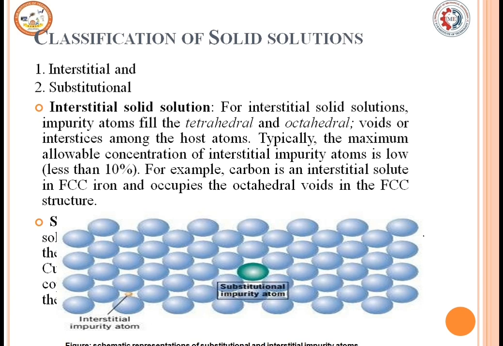So here interstitial impurity will be present. And a substitutional atom is one where, if there is a high concentration compared to the existing atoms, a bigger size atom will come and occupy the position. So that is known as a substitutional impurity atom. Carbon is an interstitial solute in the FCC structure of iron, occupying octahedral voids in the FCC structure.